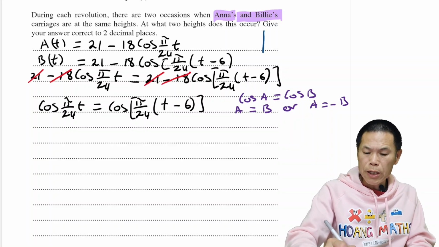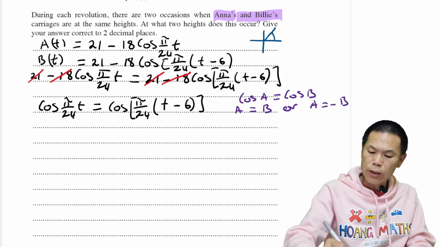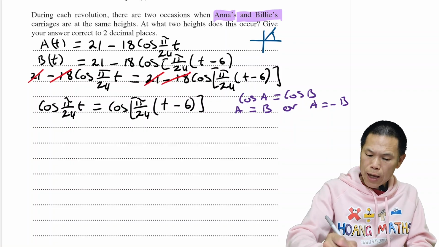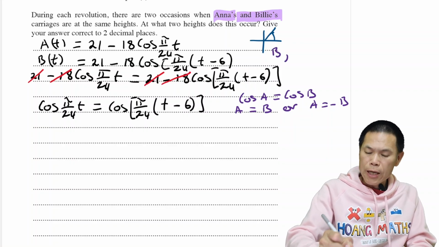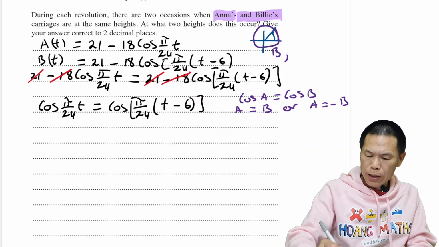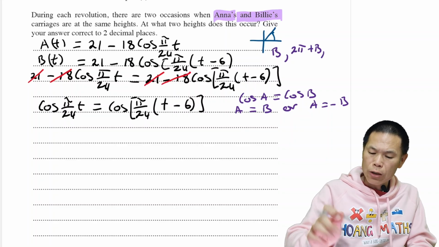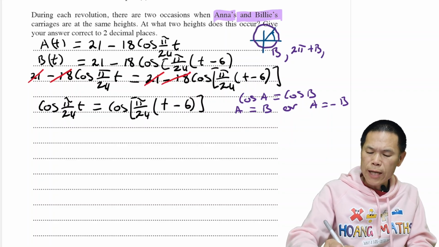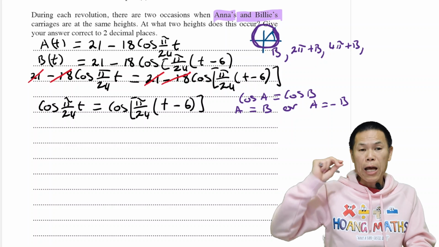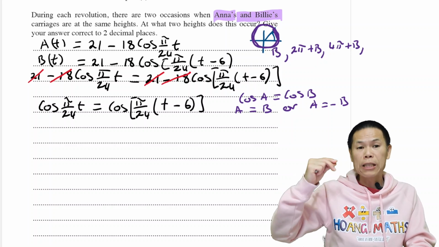If A equals B, where B is an angle that is positive, in this quadrant because it's acute, then the first solution is A is B. The next one is 2π plus B. The next solutions, we already did 2π, then 4π plus B, 6π plus B, 8π plus B, and so on.